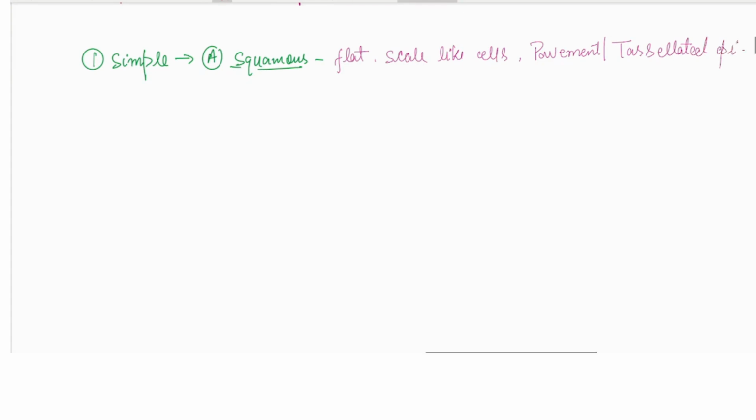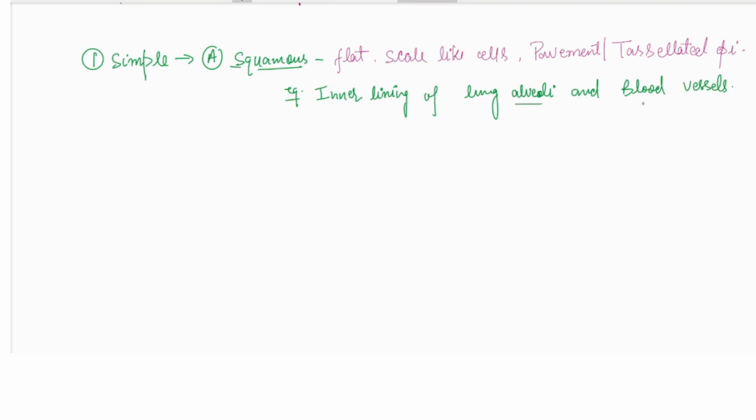So what is the location? That is the main motive for coming here. The example or location: it is in the inner lining of lung alveoli and blood vessels.